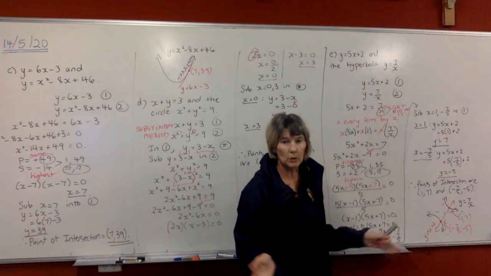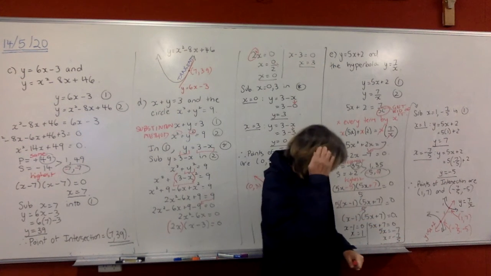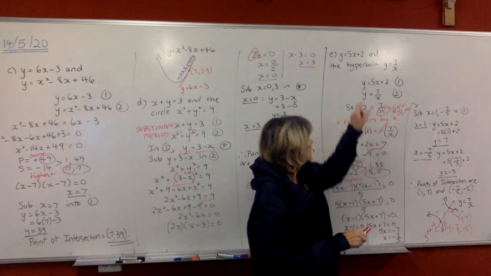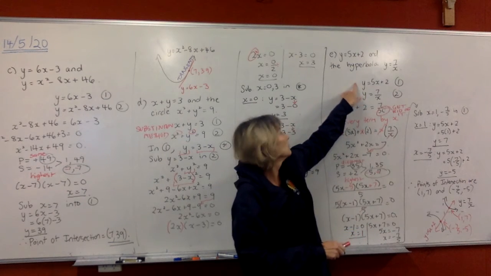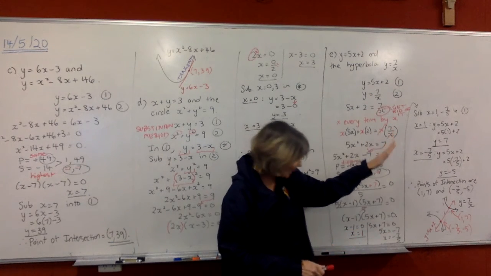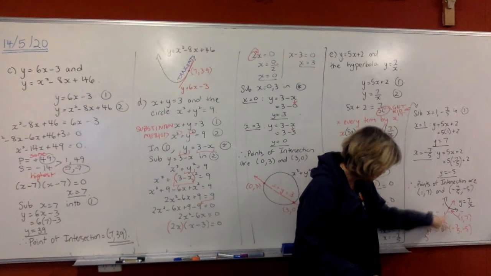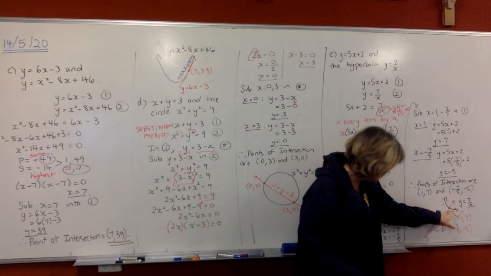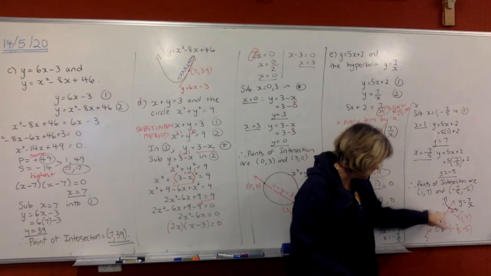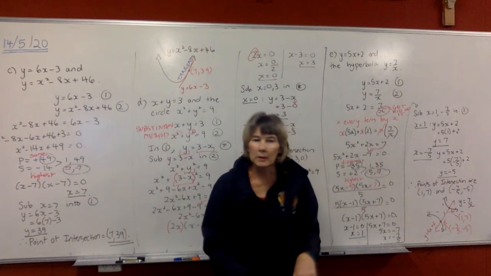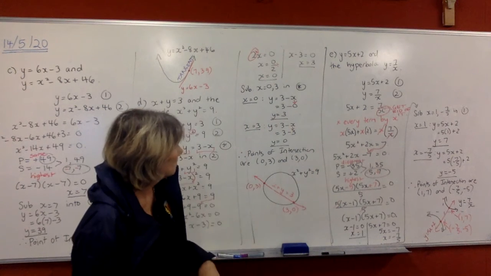That's why it's not all one smooth graph. Okay, the other thing is this line here with a positive gradient. So it's going to lean that way, and we know it cuts through at 2 points. This would have been the point (1, 7), and this one down here would have been the point (negative 7 over 5, negative 5). So I hope you understand that.